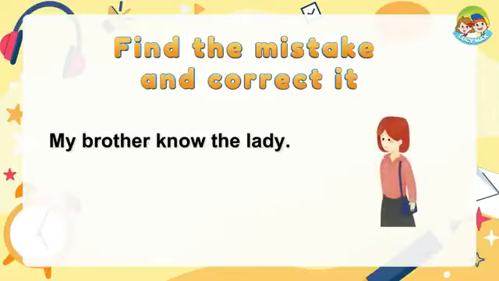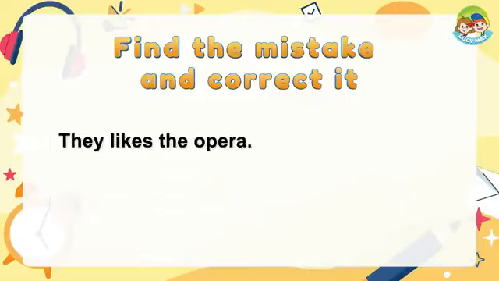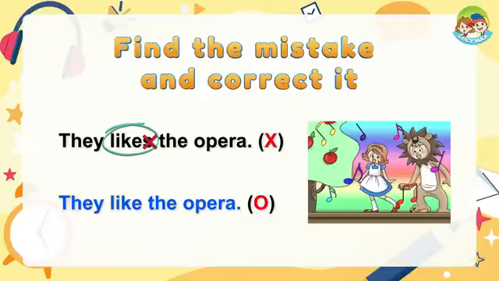My brother know the lady. The verb know should have an S. My brother knows the lady. They likes the opera. Likes should not have an S. They like the opera.